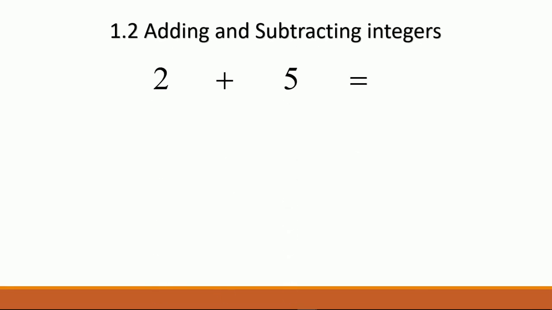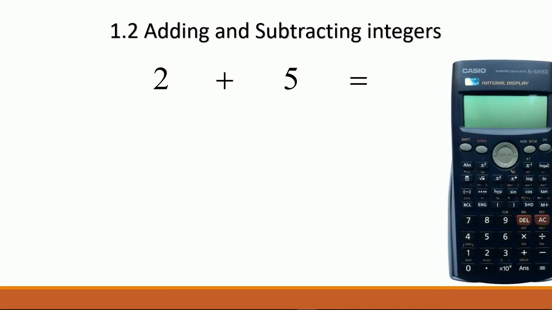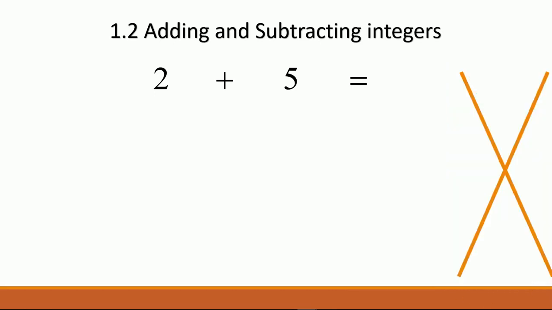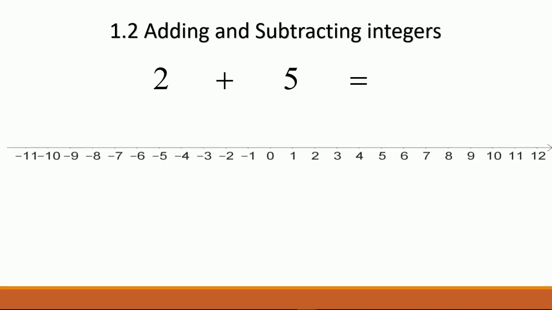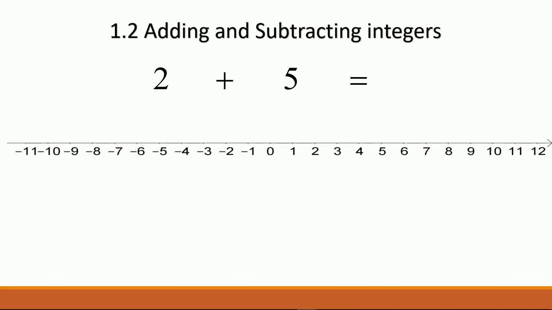Remember, if we have a problem such as 2 plus 5, we know what the answer is, but we may not use a calculator. And I want to repeat this: you are not allowed to use a calculator. So that is out. You must make use of the number line. So to solve this, according to what we've just explained on the number line, the first number, which is 2, is the number where we will start on the number line.